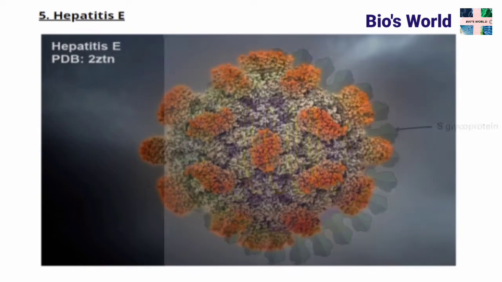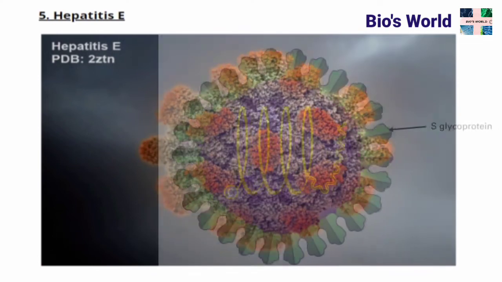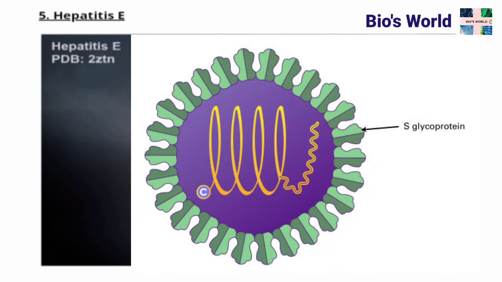So, final taxonomic classification is yet to be agreed upon. Hepatitis E virus is an important cause of large epidemics of acute hepatitis in the subcontinent of India, Central and Southeast Asia, the Middle East, part of Africa and elsewhere.